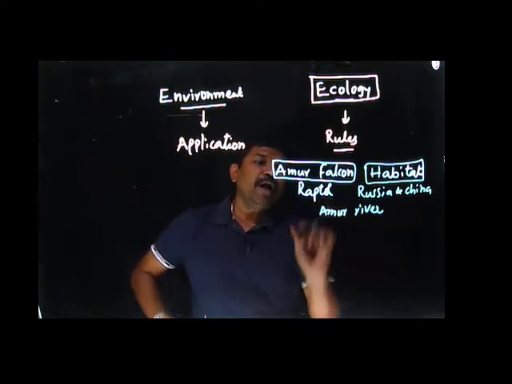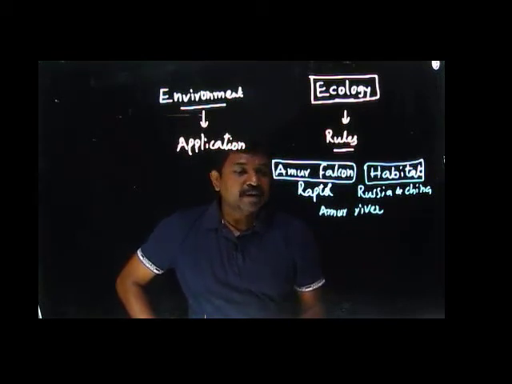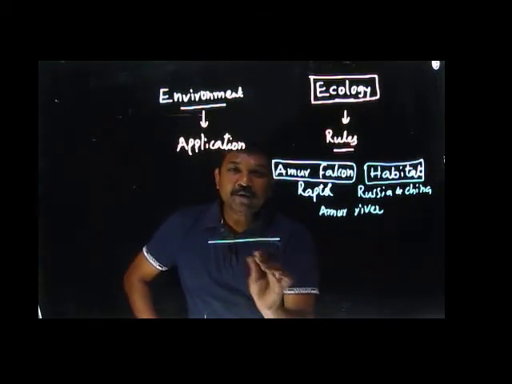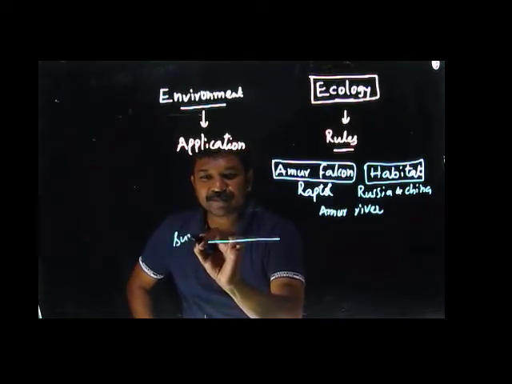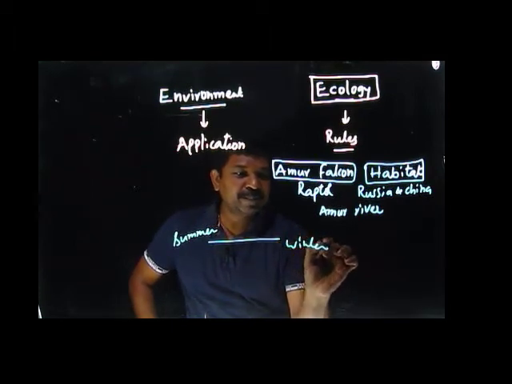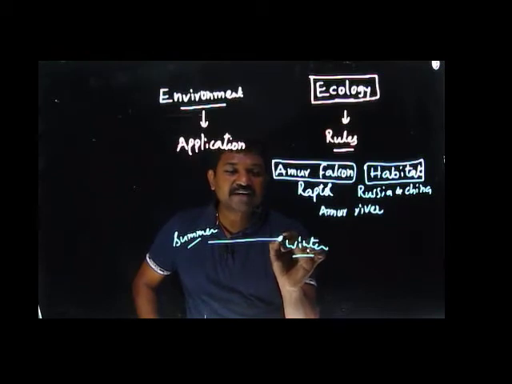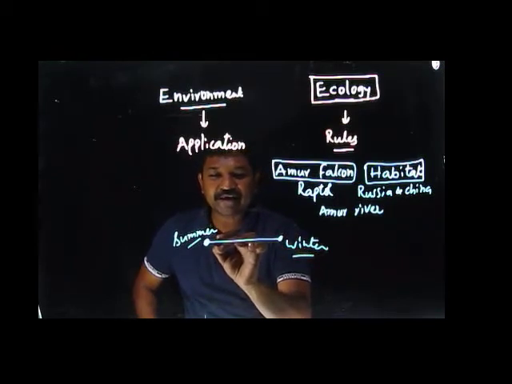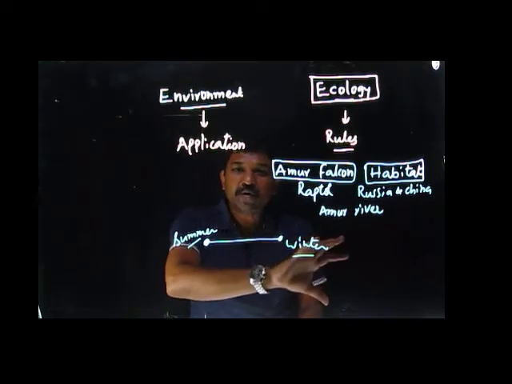Now, this falcon, during a certain time period, whenever we are talking about the two extremes of a season, for example, this is the summer, this is the winter. Whenever you are talking about the two seasons which are called the extremes of any area, summers are too warm, winters are too cold.